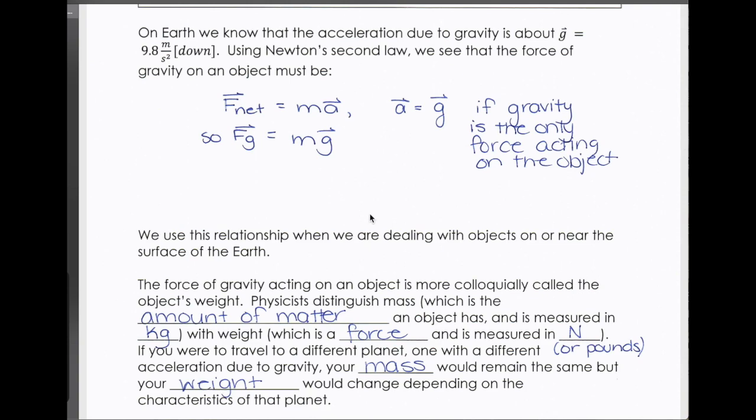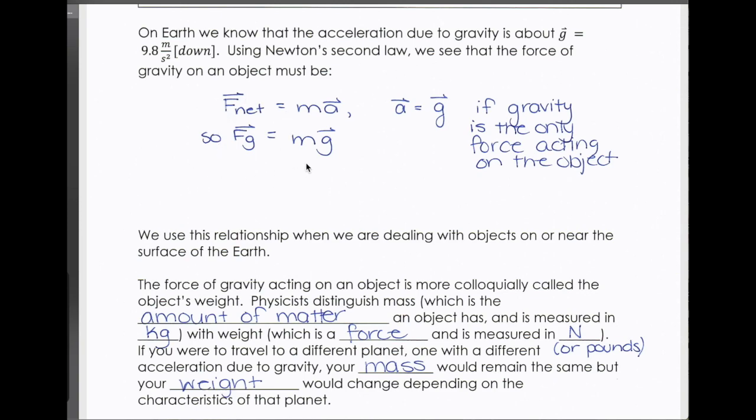So one thing to note is that the force of gravity is different than the acceleration of gravity. Okay, so the acceleration of gravity is a constant here on Earth, okay, at 9.8 meters per second squared down. And it does vary slightly depending on how far from Earth's center the object is, but for the most part, it is a constant here on Earth.